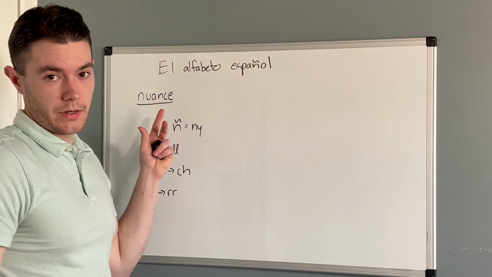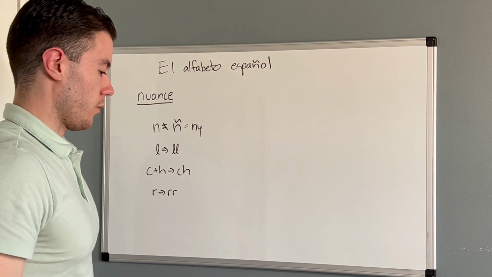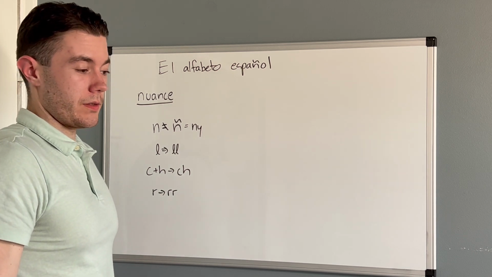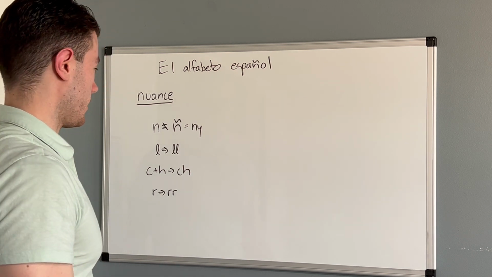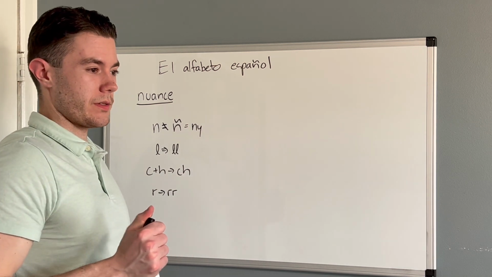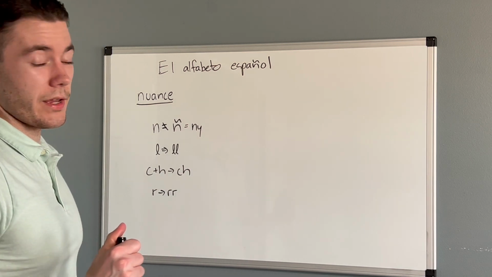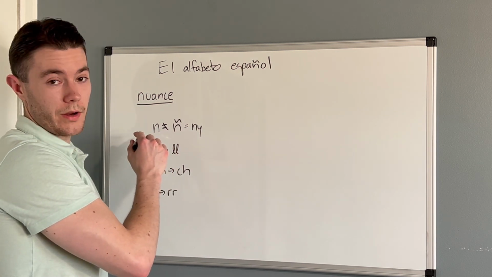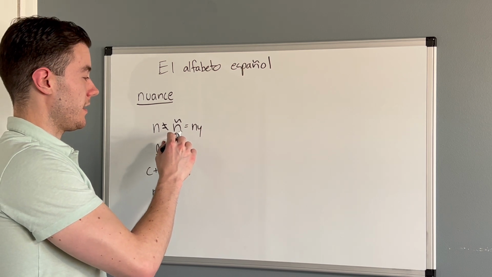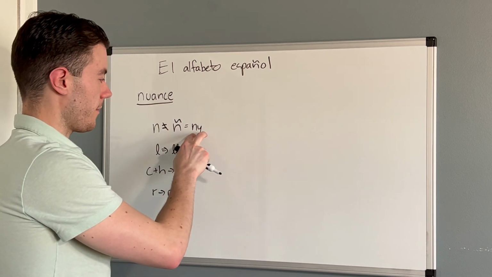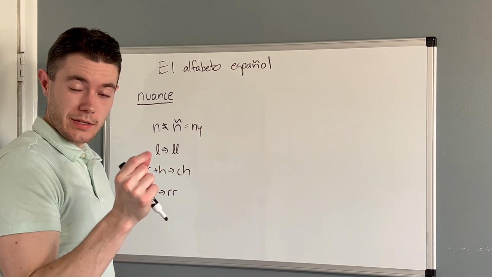So now let's get into some nuance. So a few things that are different from the way that the letters behave in English and in Spanish. One I already touched on is that there's a 27th letter not present in the English alphabet, which is ñ. And ñ is different from a regular N in that it's like the combination of N and Y together.